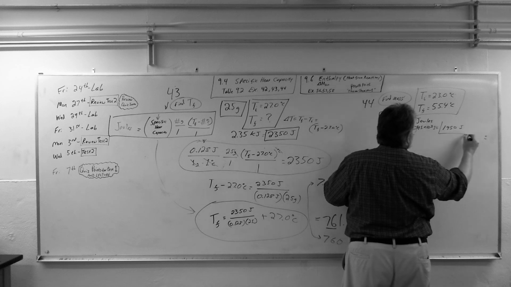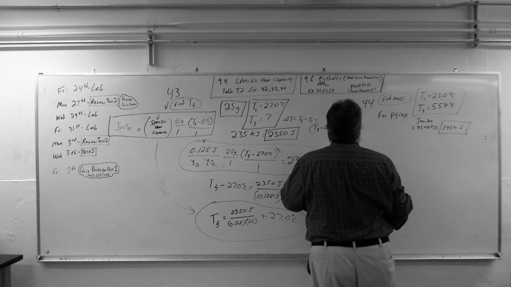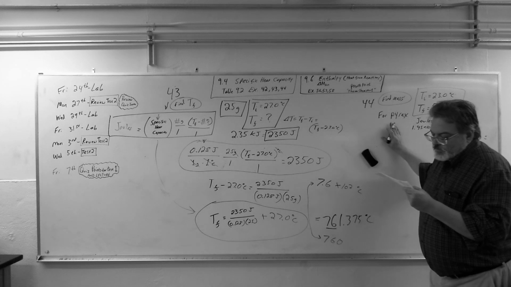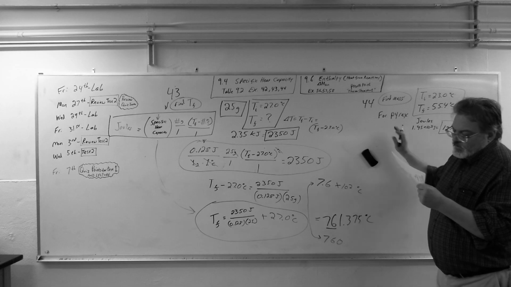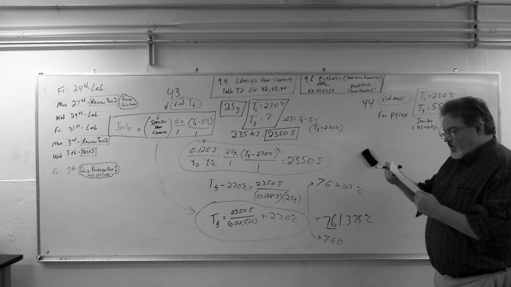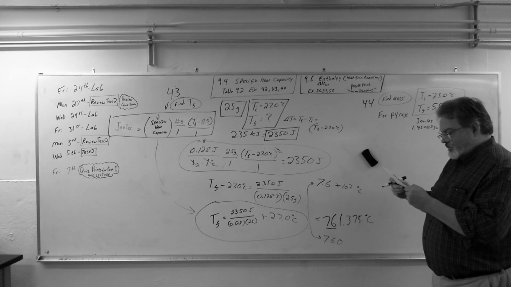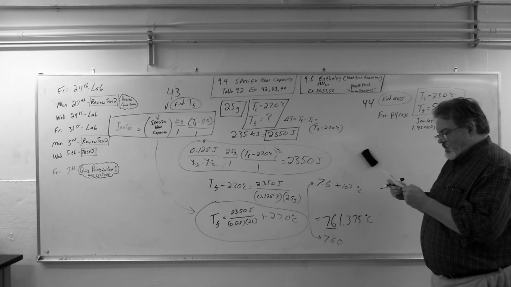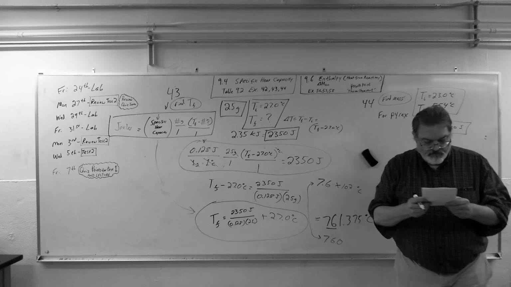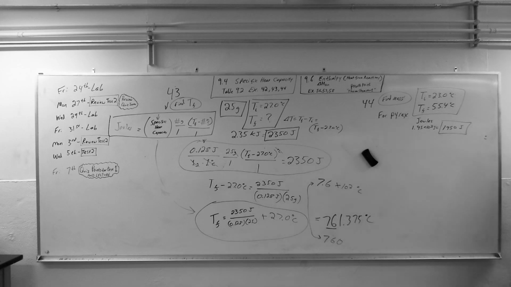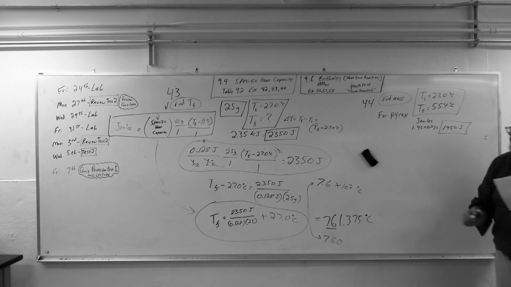You're given the joules. And you're also going to need the specific heat capacity for Pyrex, which is in that chart, Chart 9.2. So there's Pyrex, 0.75.